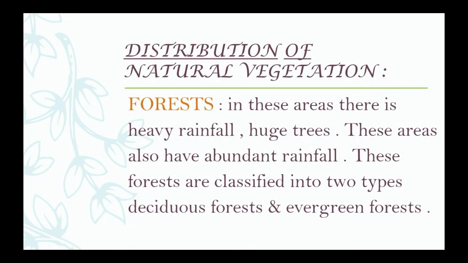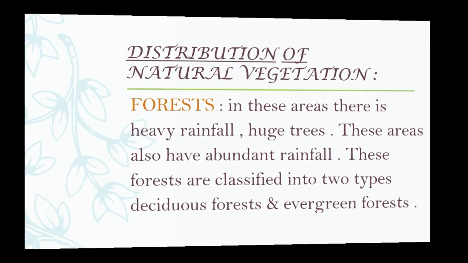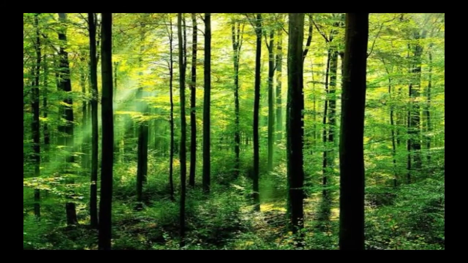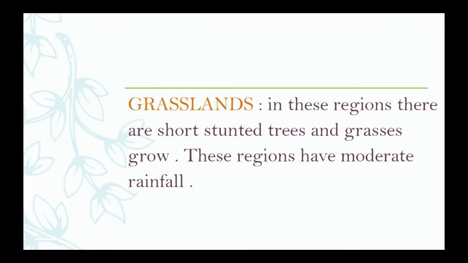Distribution of natural vegetation. The major vegetation types of the world are grouped as forest, grassland, shrubs, and tundra. So forest. In these regions there is heavy rainfall, huge trees, and these areas also have abundant rainfall. These forests are classified into two types: deciduous forests and evergreen forests. Grasslands.